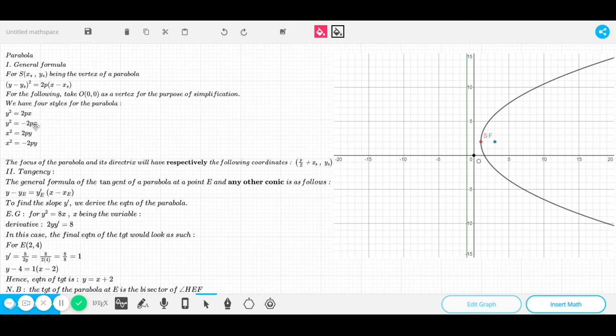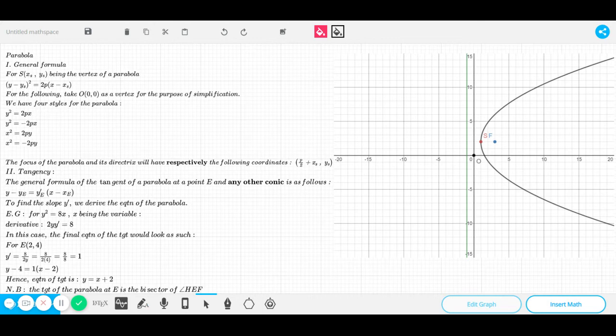Now, if 2p were a negative constant, it would complicate things a little, because we wouldn't be able to insert p over 2 plus x of s, the center or the vertex, as the abscissa of the focus.